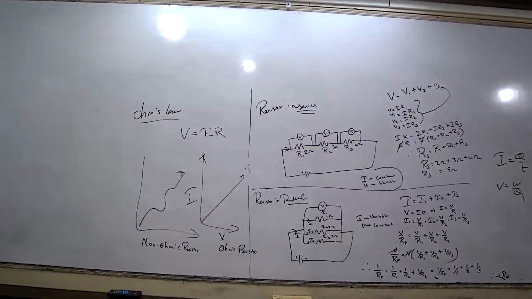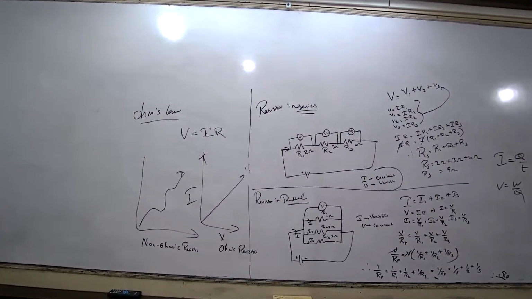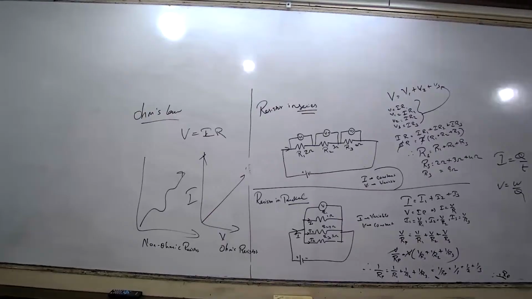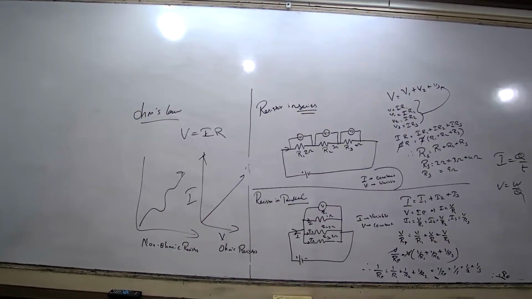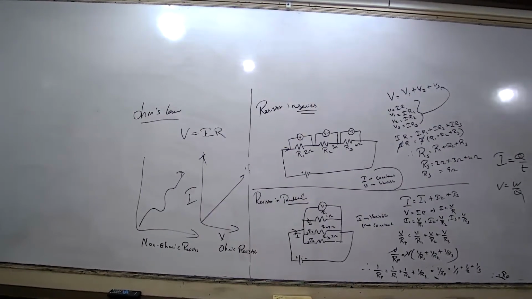Resistance means resisting the flow of current. Compared to nichrome, copper has low resistance, so it passes more current. When current passes more, it creates heat. In order to avoid that, we are choosing the nichrome. Okay.